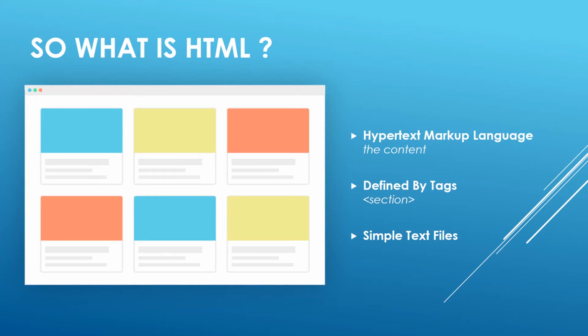The tags are not displayed by the browser, but rather used by the browser to render the content of a web page. And HTML files are just simple text files that anyone can create. And in this course, you will learn everything you need to know and more to become an expert at HTML.